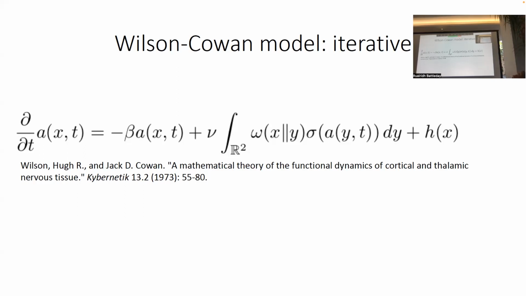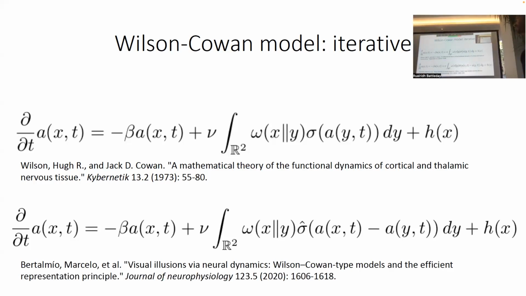Initially, the Wilson-Cowan model was a neural mass model, so it was modeling neural populations. But later, it was used also for neural units. And this is a variation by Marcelo: in the nonlinearity in the integral, there is this other term that indicates the backpropagation, from the soma back to the dendrites.